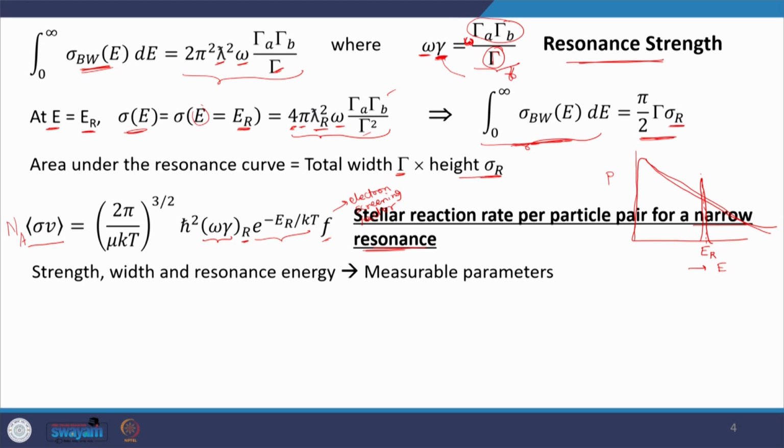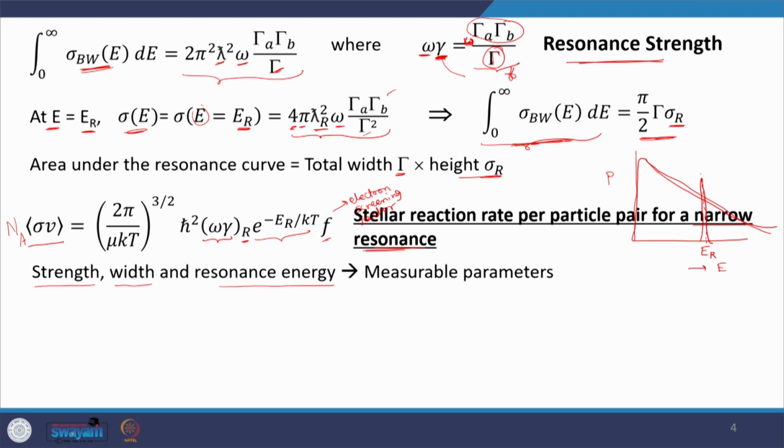So, to measure the nuclear reaction rate, what should one find out? The strength of the resonance, the width of the resonance and the resonance energy. These three are the parameters one has to measure experimentally, so that one can come up with the reaction rate directly.